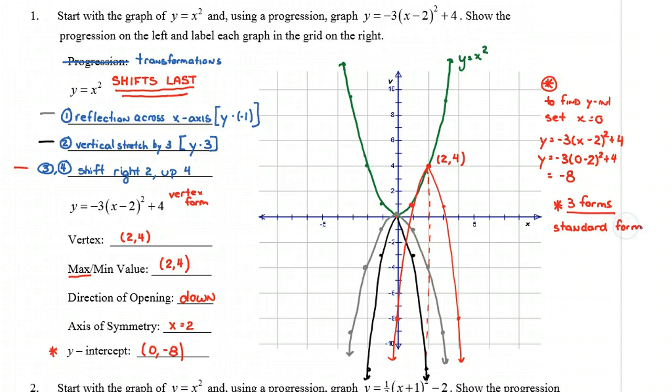One of the things we want to understand is what does each form tell us about the graph, and we want to be able to change between the forms. So standard form is the form y equals ax squared plus bx plus c. So if we wanted to, we could actually convert -3 x minus 2 squared plus 4 into standard form, and that would just involve a little algebra.